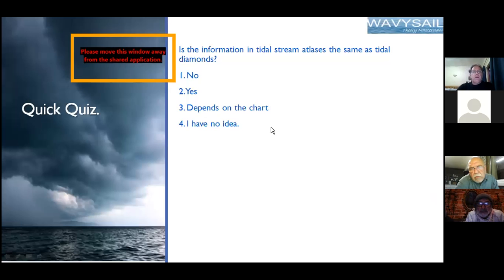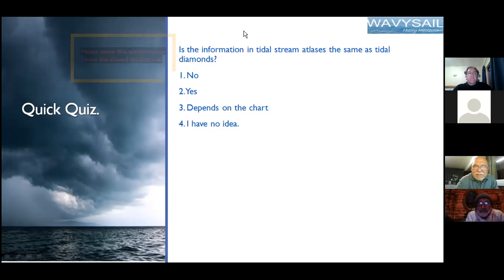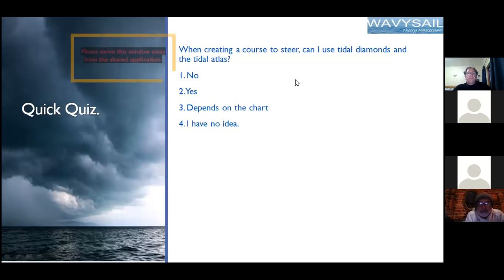Okay, so little diamond quiz. Is the information of a tidal stream atlas the same as a tidal diamond? Well, I've just answered that question. When creating a course to steer, can you use tidal diamonds and tidal atlases?